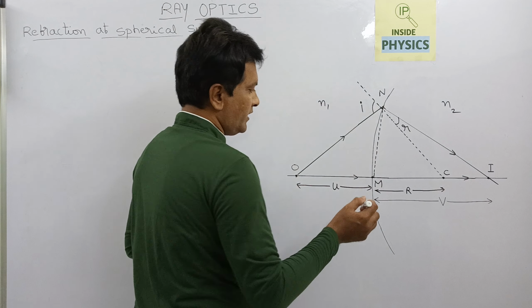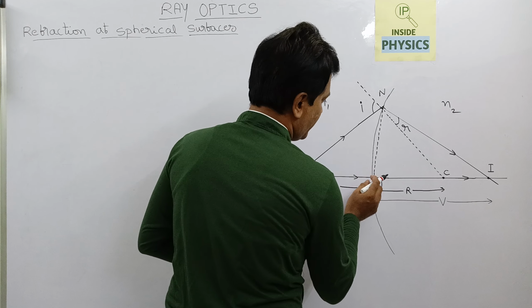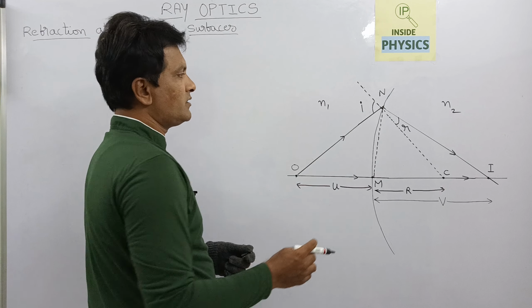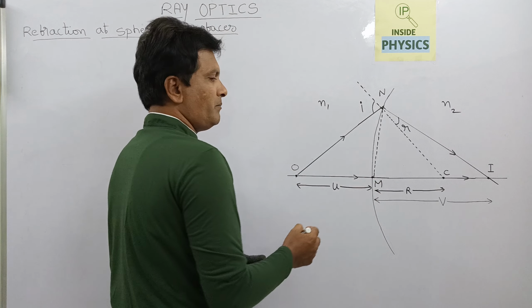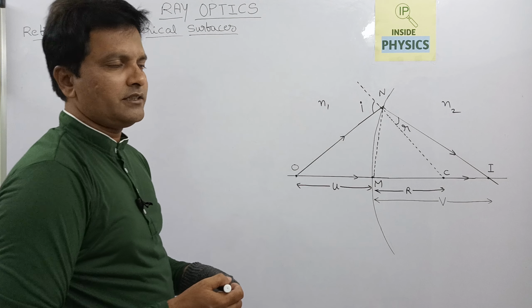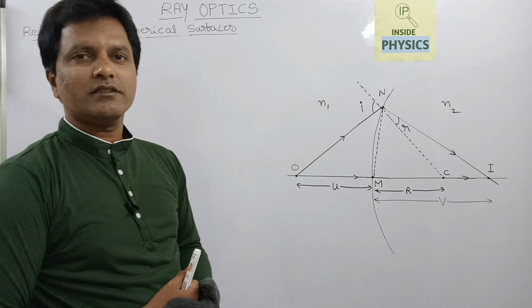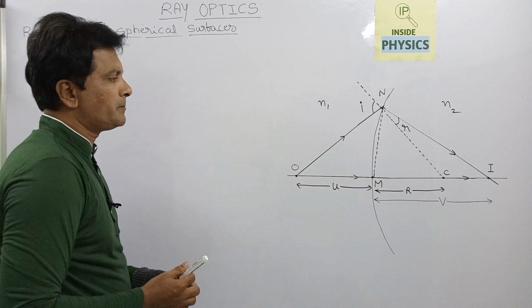Any small distance that may be deviated from this pole, we will ignore, and we will consider NM as a perpendicular to the principal axis, because the aperture of the curved surface is so small.